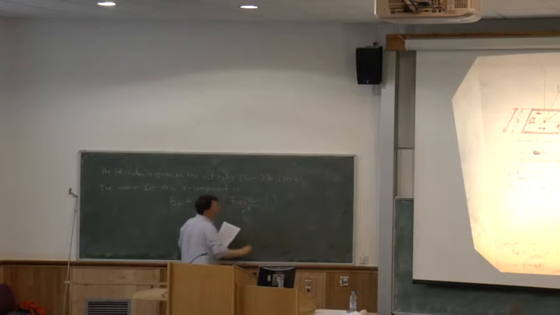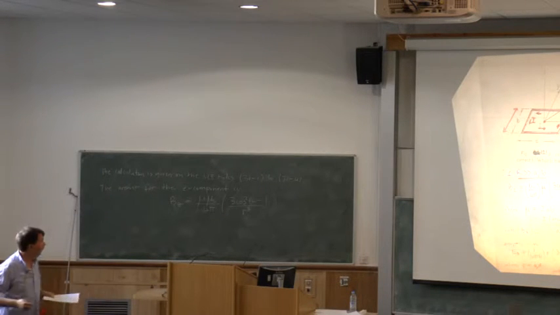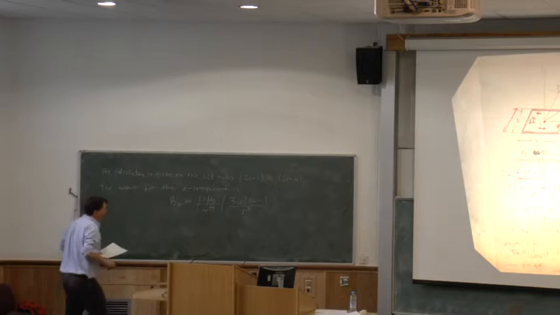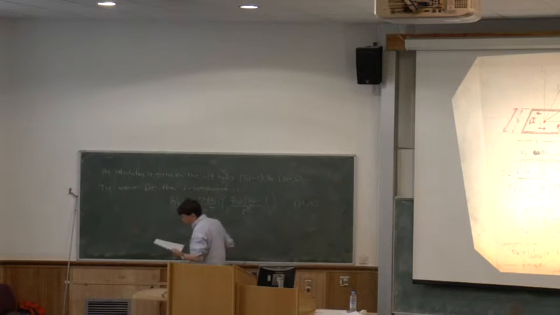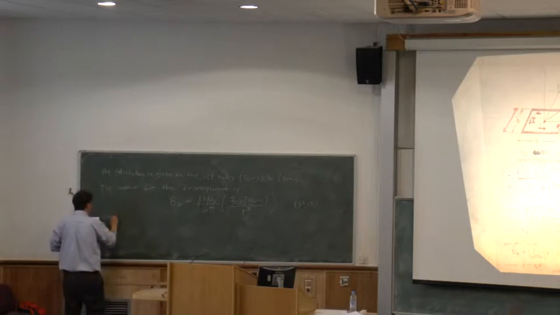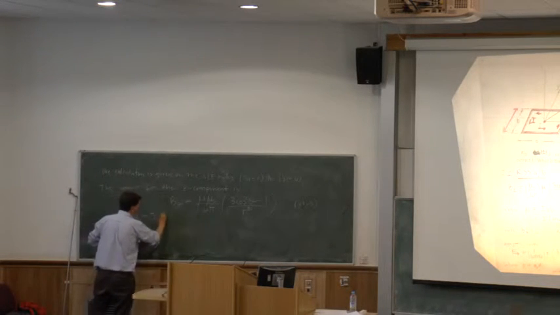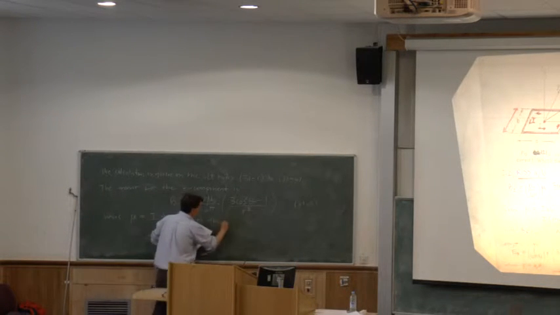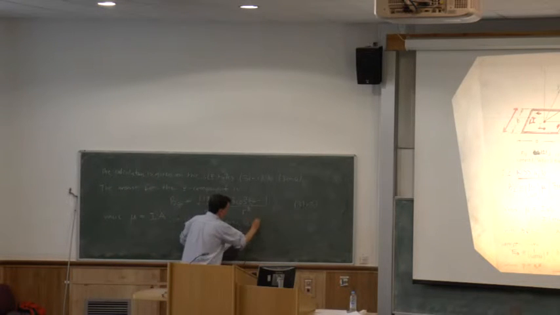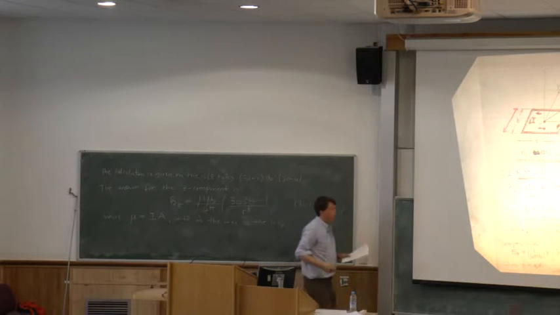Again you can calculate the x and y components of the field as well, but I'm just going to concentrate on the z component, so I'll make that equation 31.2, where mu is equal to IA, with A the area of the loop. So this is the answer.